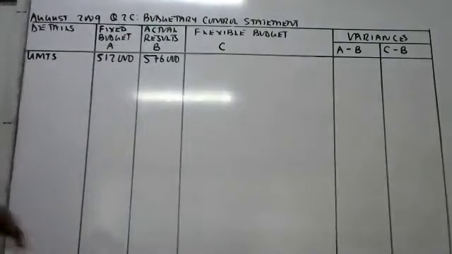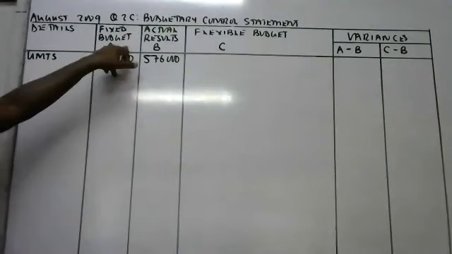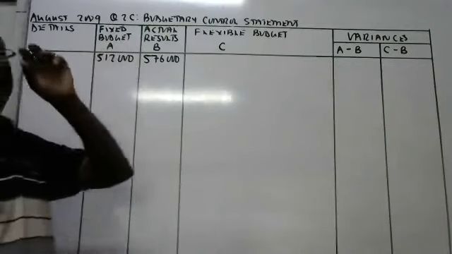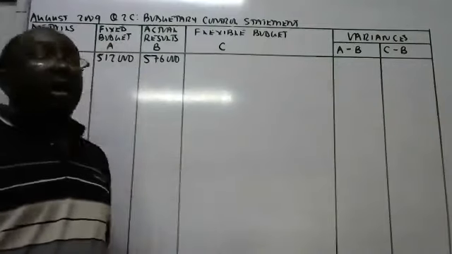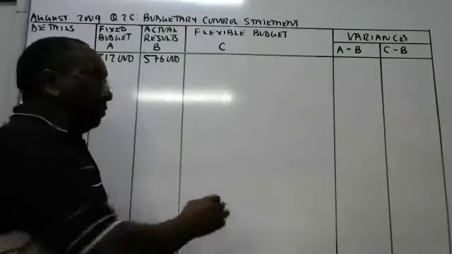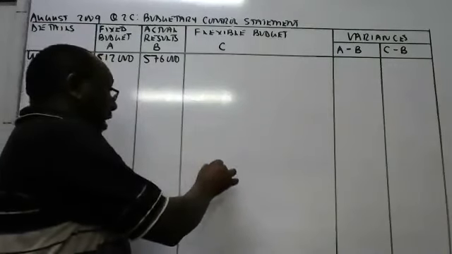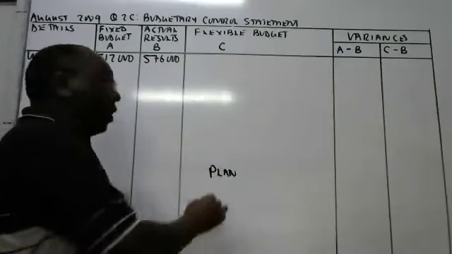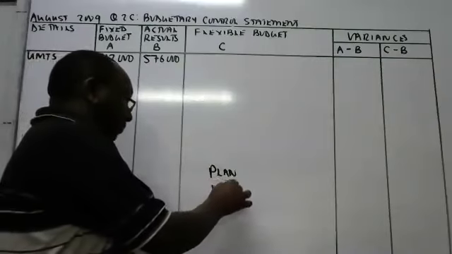Now, this fixed budget is the original budget. And you know what happens in any good work or any good situation, you begin by planning your work. Then time comes when you work out the plan.